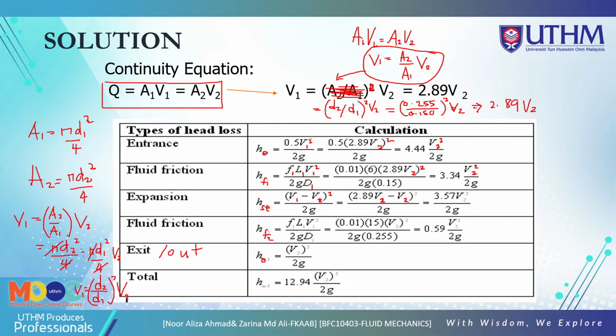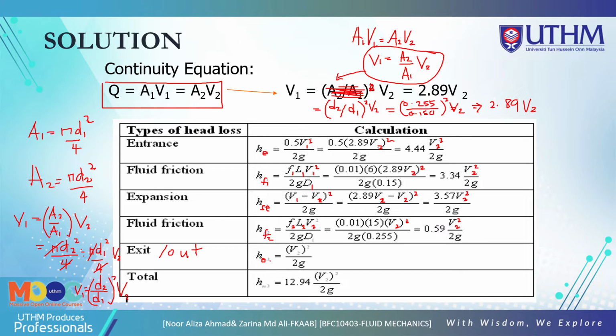I just cleared that number in case you can see it. HF2: there's F2, L2, V2, so you get V2 squared here.